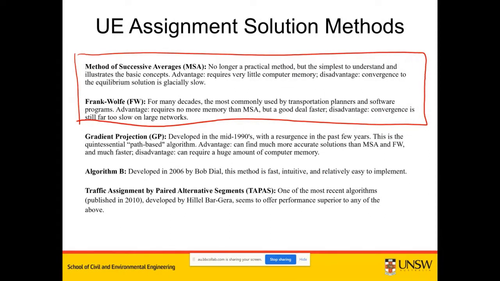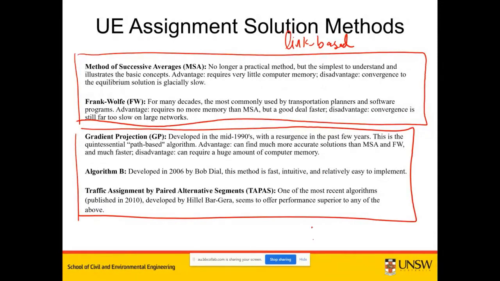These 2 are link-based methods, and the other 3 are path-based methods. You're going to see in a little bit what I mean by link-based versus path-based. The first 2 that are link-based, the method of successive averages and the Frank-Wolfe algorithm, are commonly used.